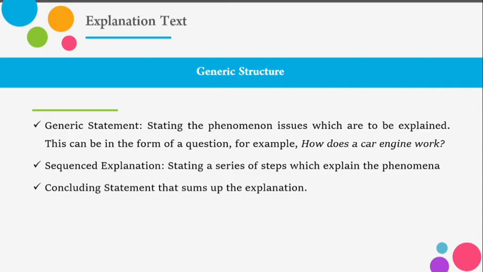This can be in the form of a question, for example, how does a car engine work? So the general statement is about the phenomenon or issue which is to be explained. It is to introduce the topic. The process being explained may be highlighted in the title or in the first sentence or stage.